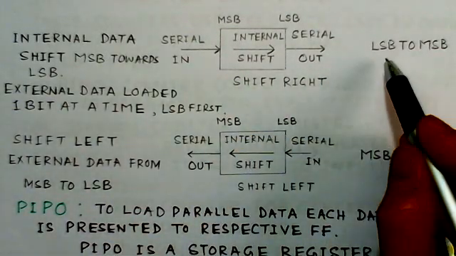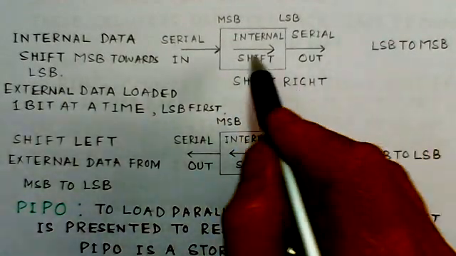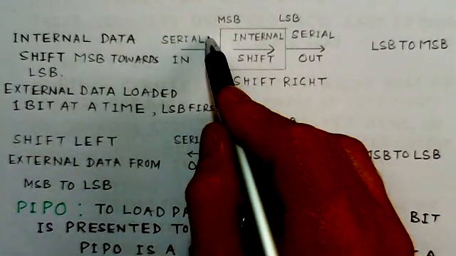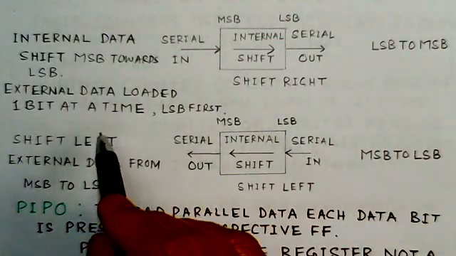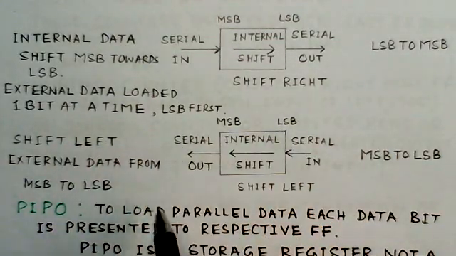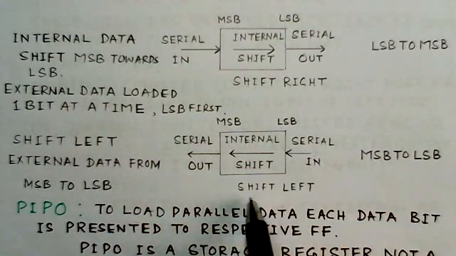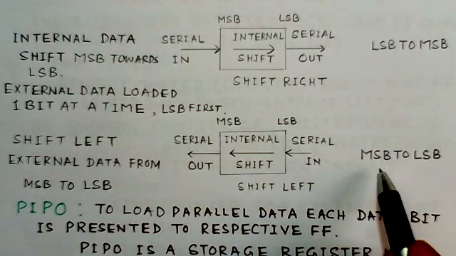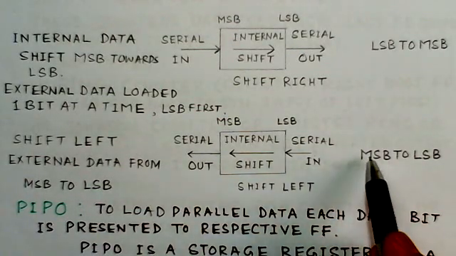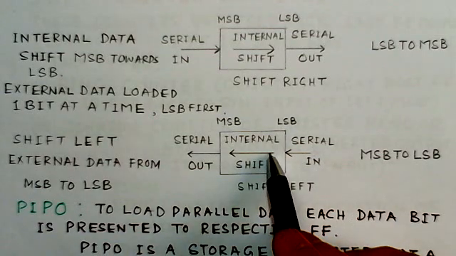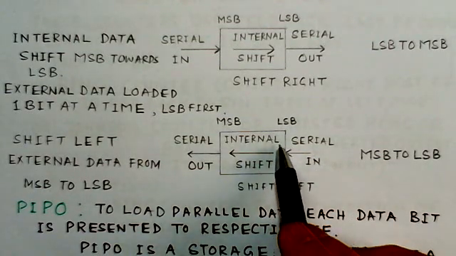When this is there, the LSB of this data will enter to MSB. So this is LSB to MSB. Now if there is a shift left operation of the shift register, then the data would be on this side and the MSB of the data would get entered into this shift register as LSB.